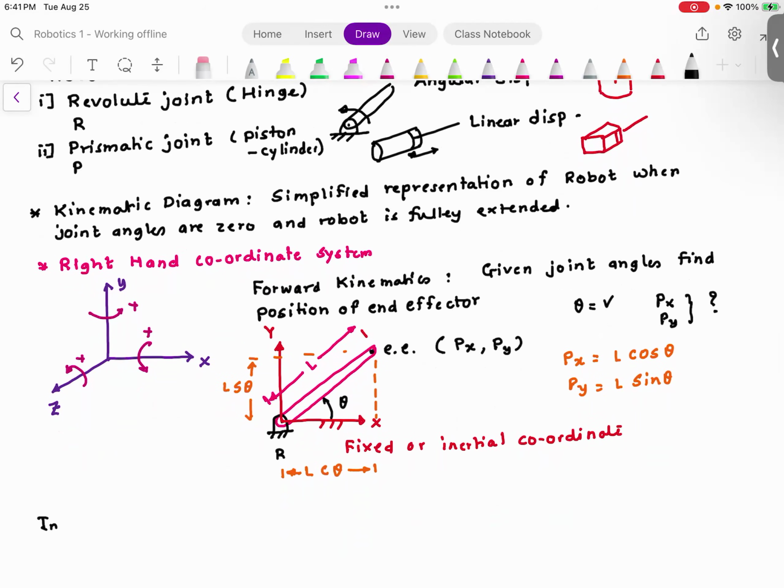Inverse kinematics is, given the values of end effector position, EE stands for end effector, which is Px and Py, find the values of theta, the joint angles.